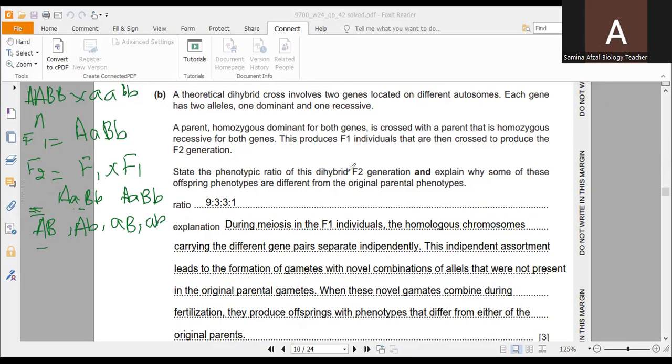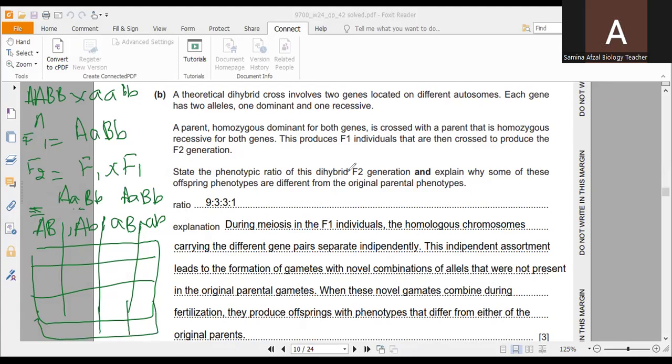So you will make use of a Punnett square in this way: A, B, A, b, a, B, a, b.